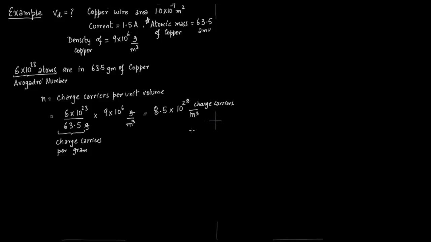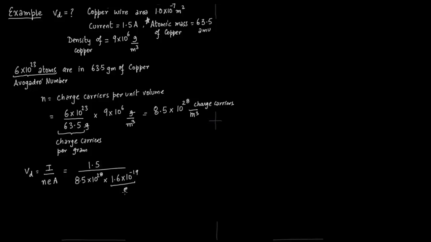Now we write down the formula for drift speed from the previous lecture. Vd is equal to I over NEA. Now we just plug in the values. E is the fundamental basic charge, and this you know to be 1.6 into 10 to the power of minus 19.